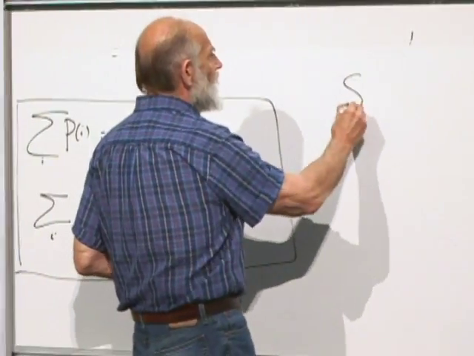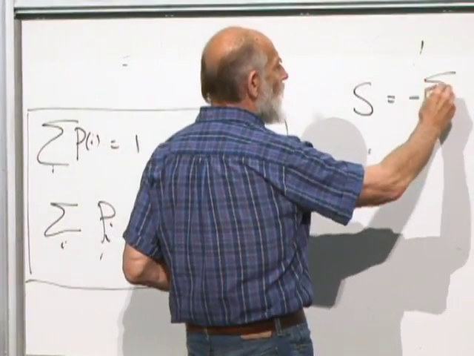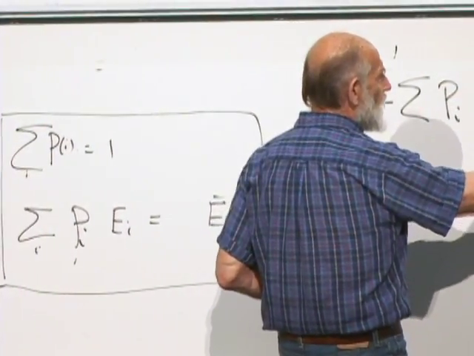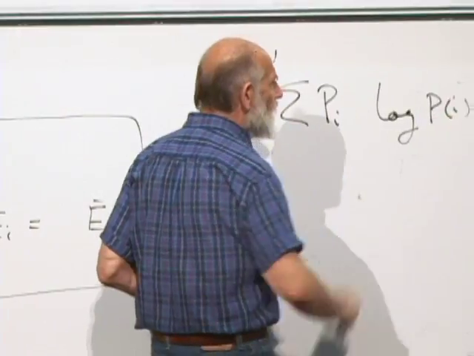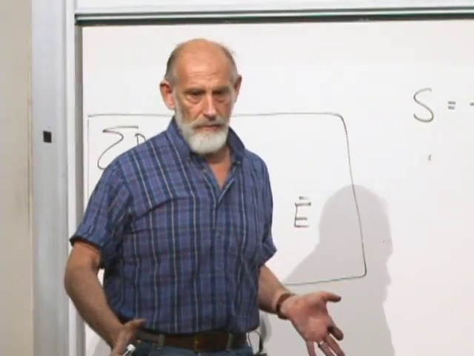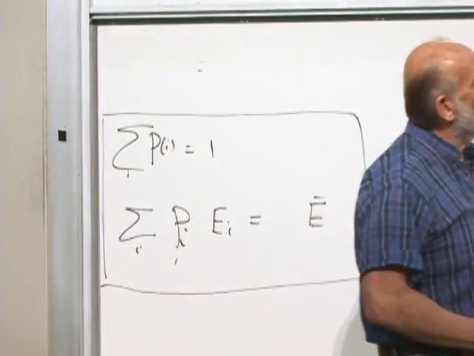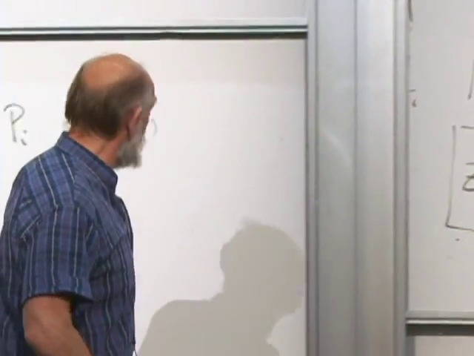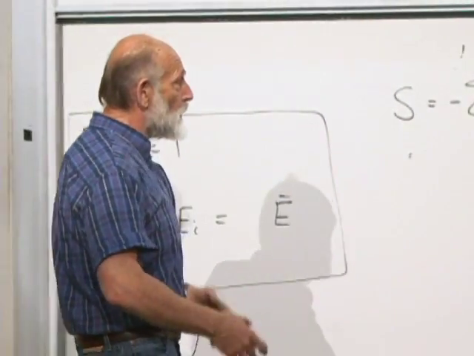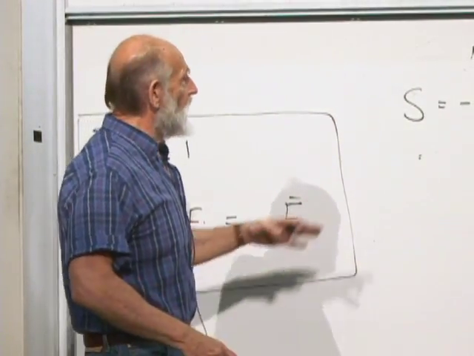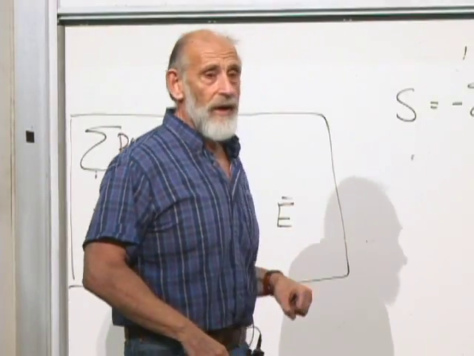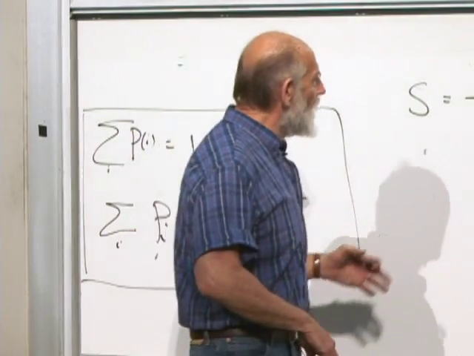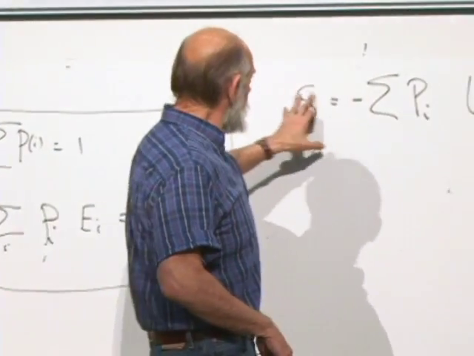The entropy is minus the sum of p sub i logarithm of p sub i. But now we know what p sub i is. We know that it's just up there, 1 over Z e to the minus beta E i for p sub i. So let's plug that in and grind away and calculate what the entropy is. Maybe we'll get stuck and we won't be able to do it in any useful or interesting way. We can just do the sum, of course, but maybe we'll get somewhere.